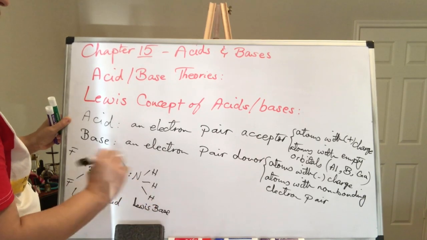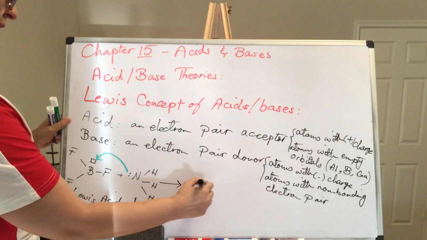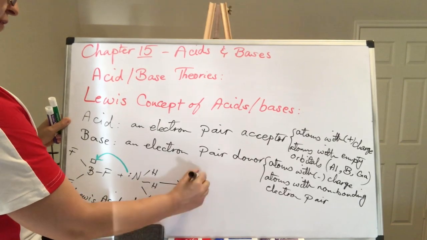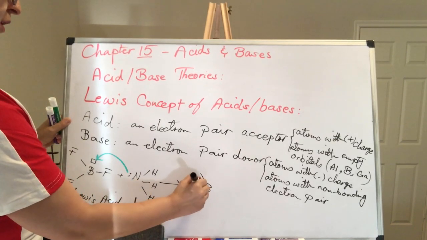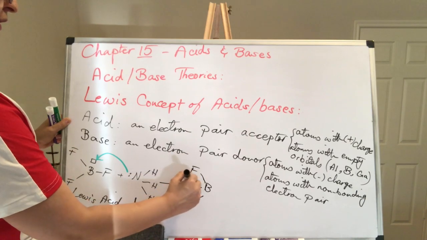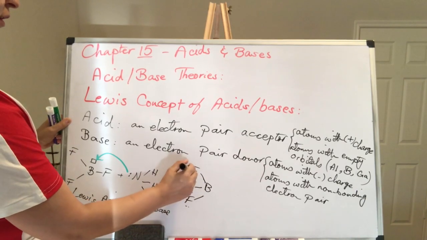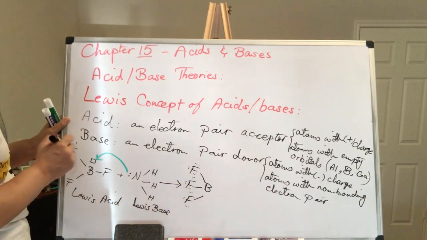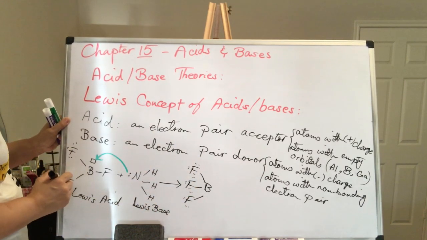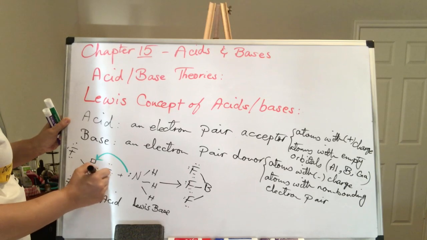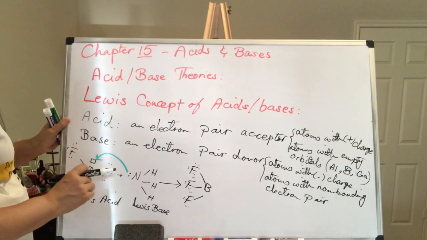Okay. Now let's see what happens. BF3. Of course, there are electrons on fluorines. I skipped drawing them, but they exist because the octet must be complete on every single atom.